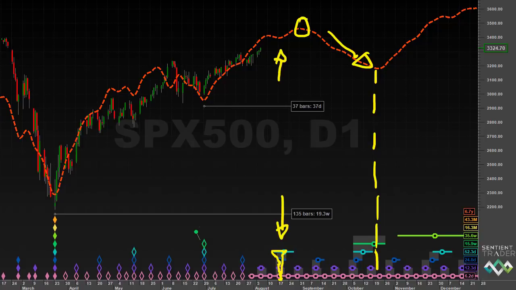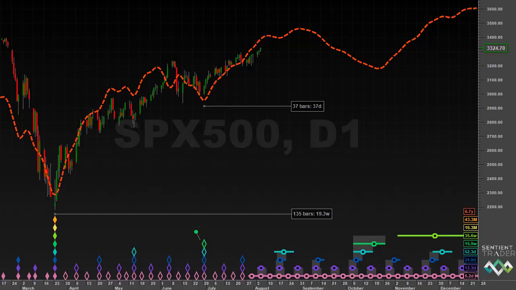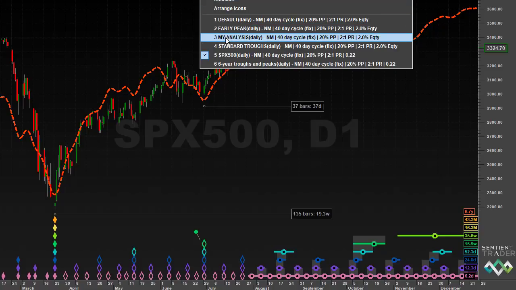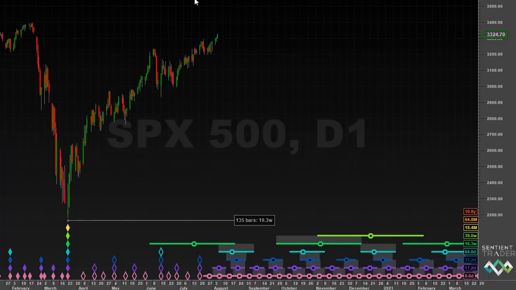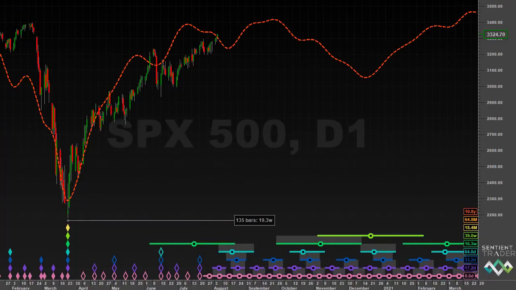Let's go back to the default analysis and just compare the composite model line on that analysis. As I've mentioned, I do think it's very useful to keep an eye on the default analysis at all times, so I will display the same composite model line over here. You can see the difference here is that the composite model line is telling us to expect price to be moving down at the moment, because of course this analysis is still expecting the 20-week cycle trough to form in the markets.